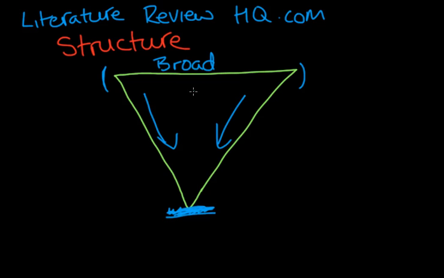This is what is taught most regularly, and by broad, you can think in terms of different subjects, different years. You could think of broad as being all the literature that was published before a certain date, because that's less relevant to more current literature.